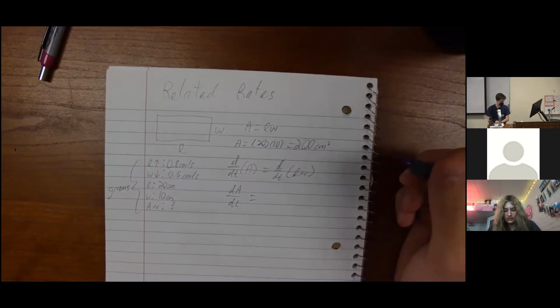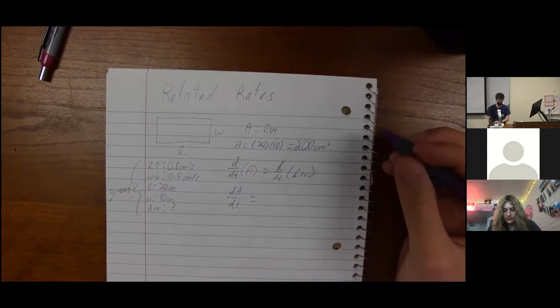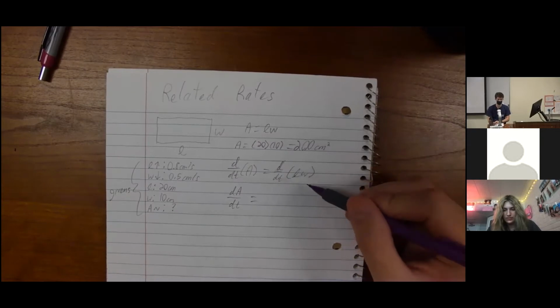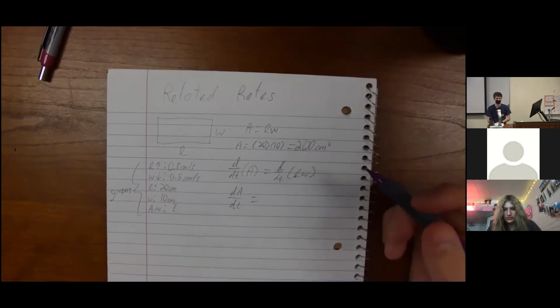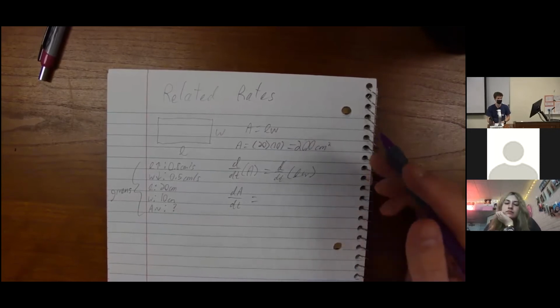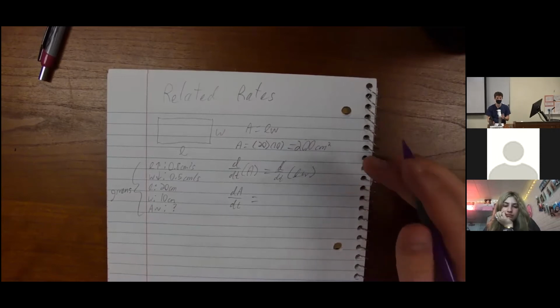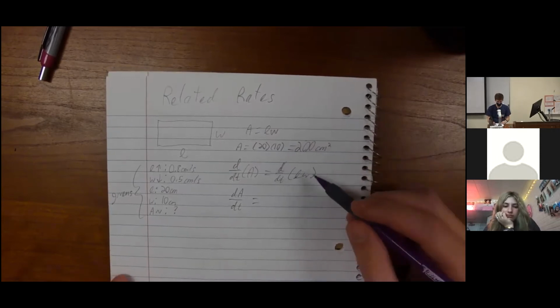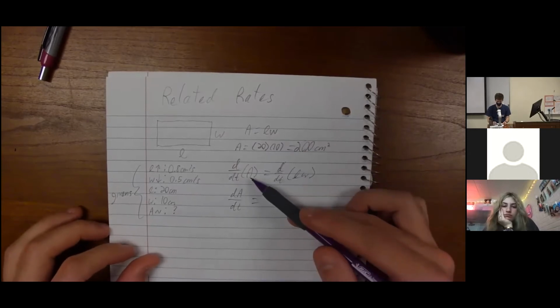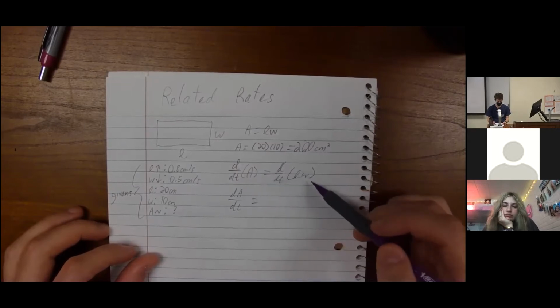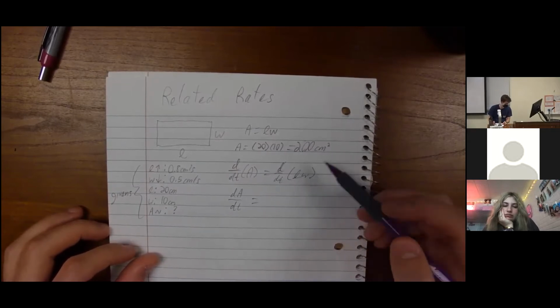The thing we need to notice here is that we're actually going to be using the product rule because both of these are variables. Does that make sense? I know it may seem strange at first, but we need to think of each of these as input values, whereas this is our output. But we can still take the derivative of each of them. So we need to use the product rule over here.